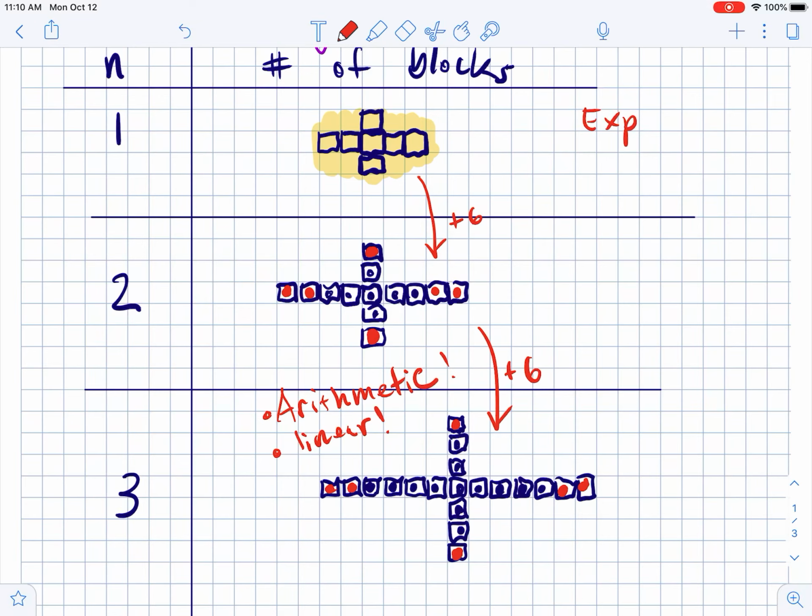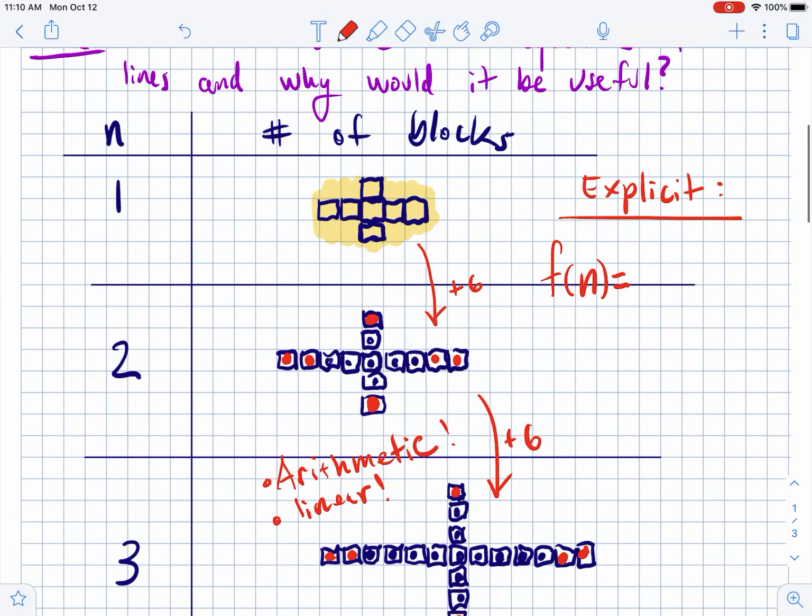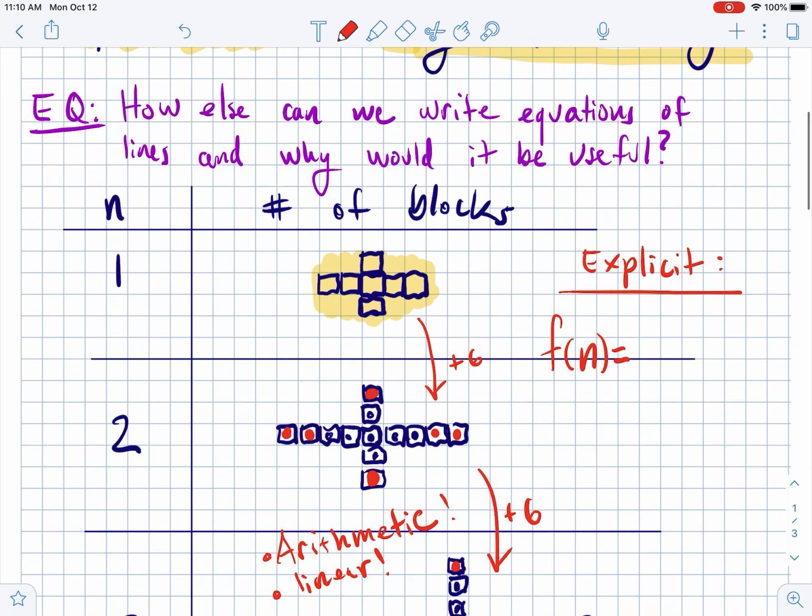If I want to write the explicit equation for this, it would be f of n equals the slope, or the common difference, times n, plus the 0 figure. For the 0 figure, you need to go back a whole step.